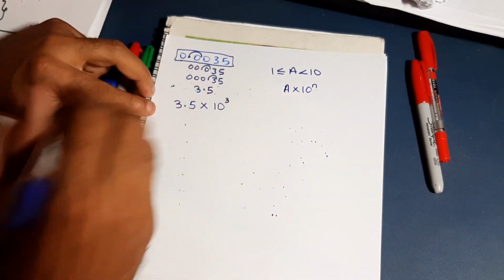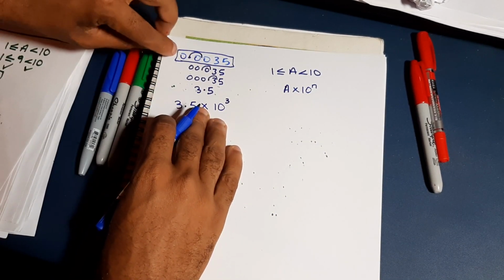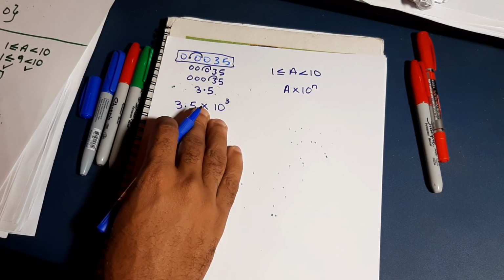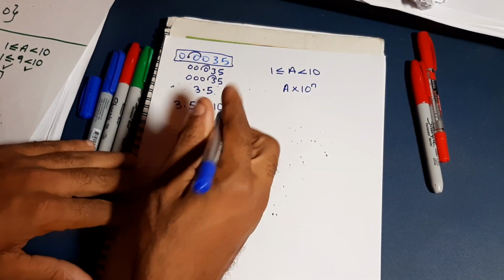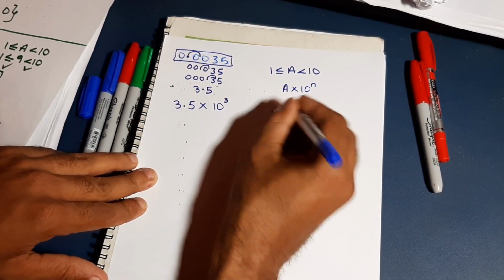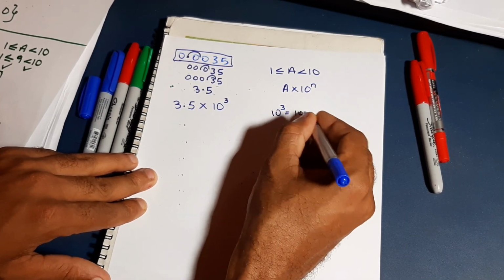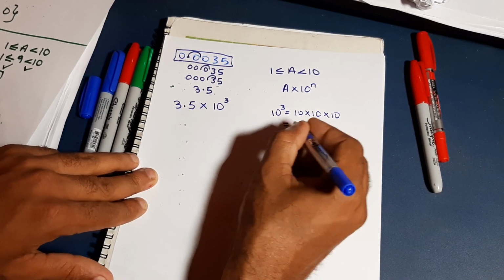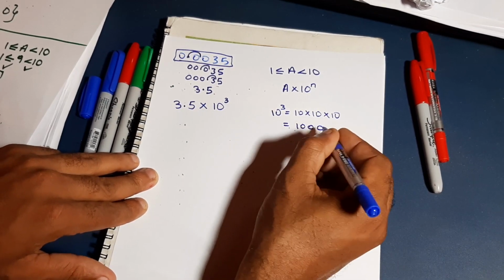Now, let's solve this to see if we're going to get back our original question. And please, I hope that you students aren't lost. So let's prove this back. Now, 10 cubed, we know that 10 to the third power is 10 multiplied by 10 multiplied by 10, which is equal to 1000.